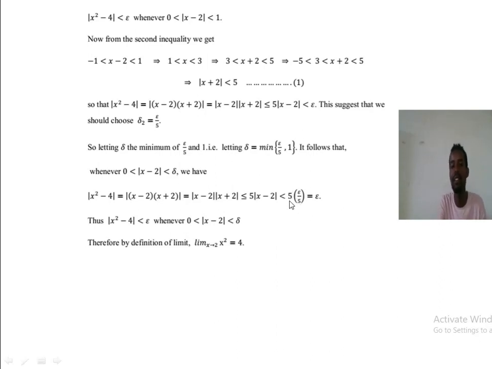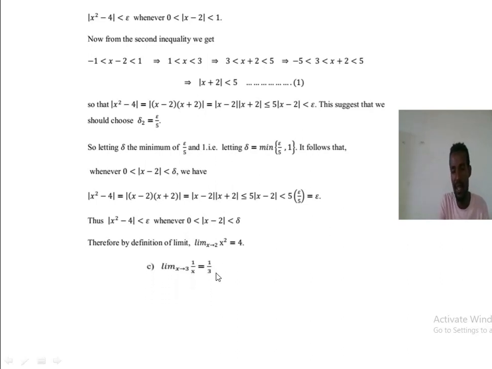Then this 5 is cancelled by 5, and we have epsilon. So absolute value of x squared minus 4 is less than epsilon whenever 0 is less than absolute value of x minus 2 less than delta. Therefore, by the definition, the limit of x squared as x goes to 2 is 4.